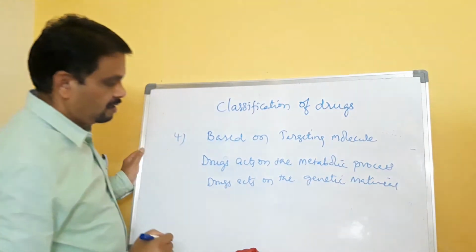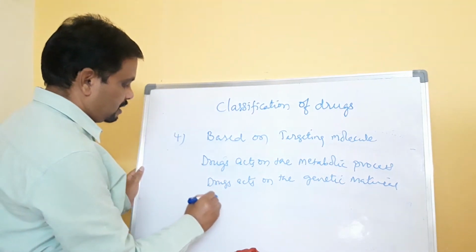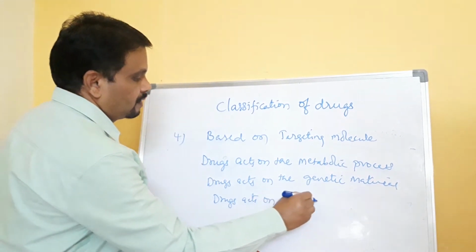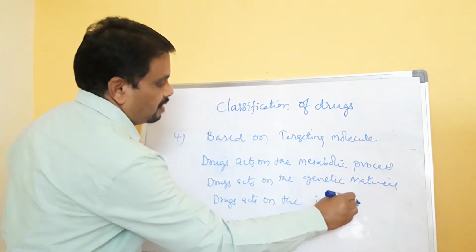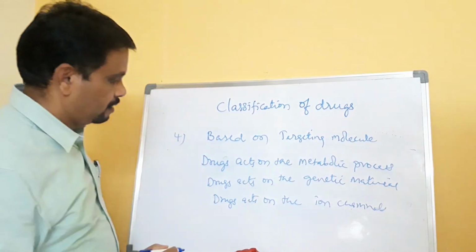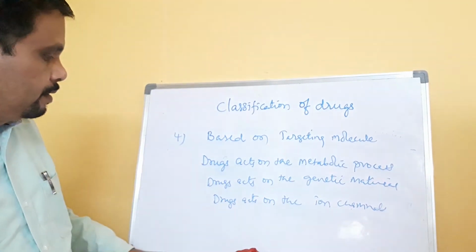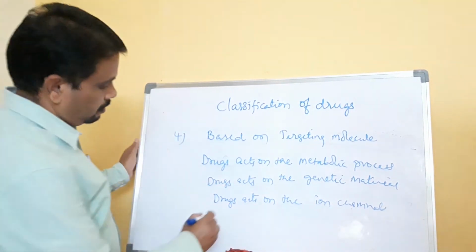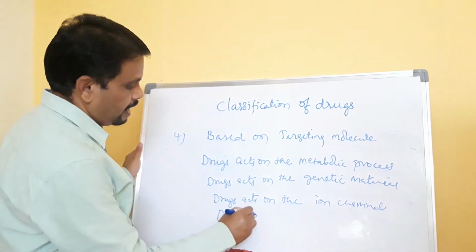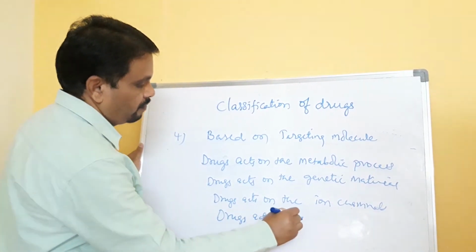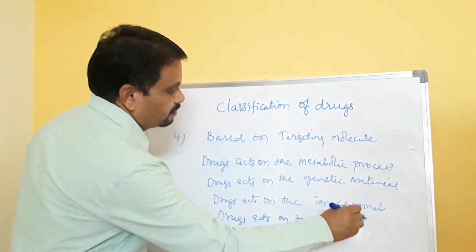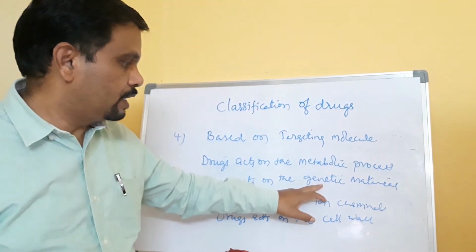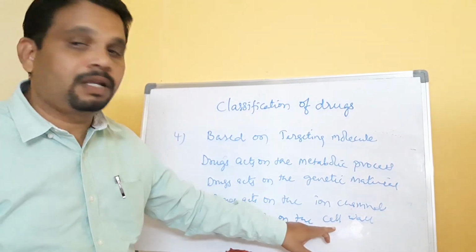Or drugs act on the ion channels. So here are some more examples. Drugs act on the cell wall. Here you observe metabolic process, genetic material, ion channels and cell walls.